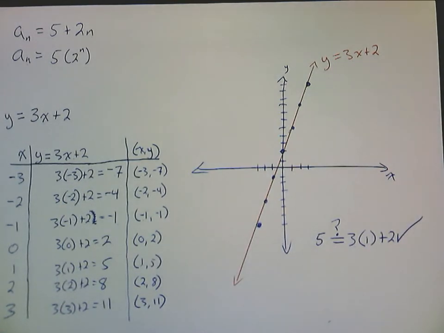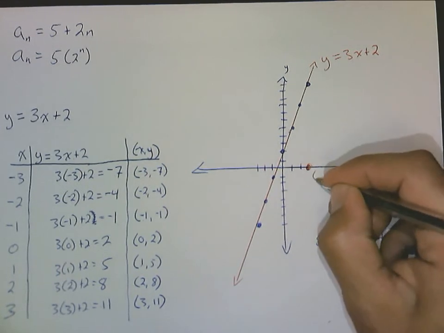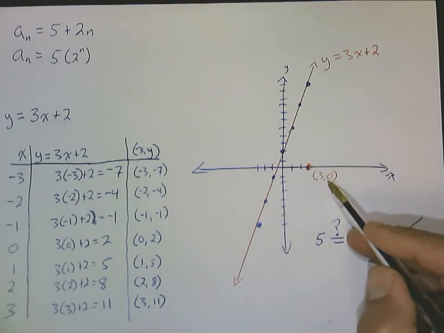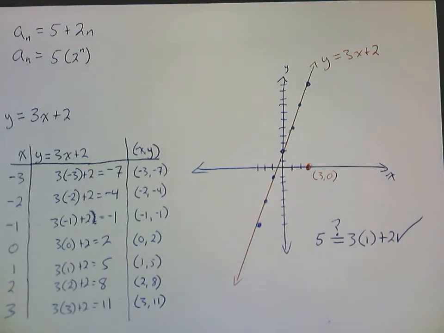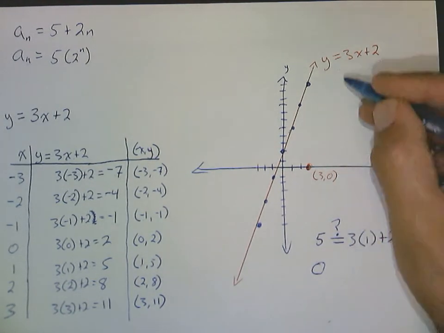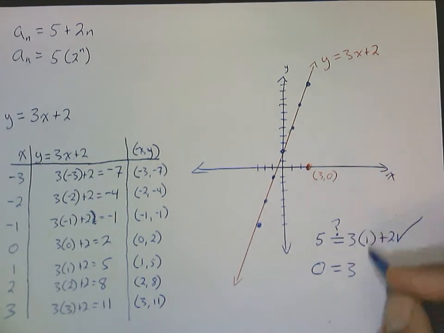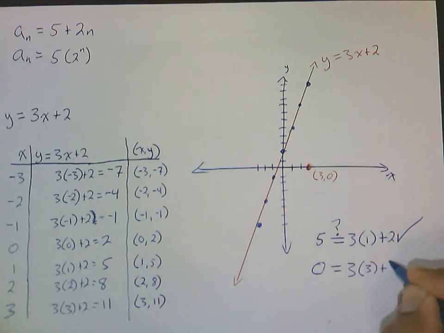If we were to take something that's not on the line, like say down here, this point 3, 0 is obviously not on this line, we can ask ourselves, again, is it true that if we plug in this y-coordinate for y there, will it be equal to what we get when we plug in the x-coordinate over here? 3 times 3 plus 2.